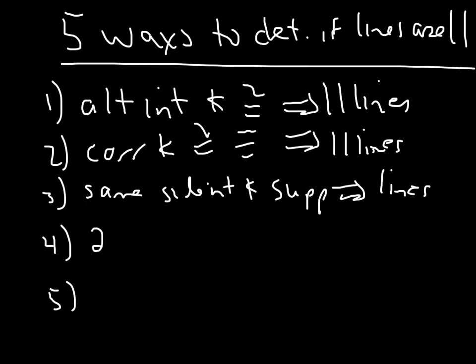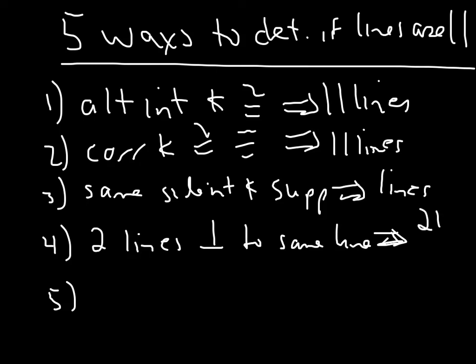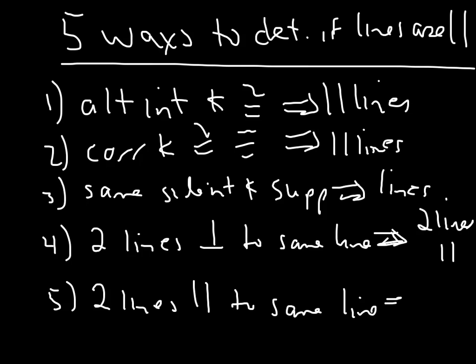If 2 lines are perpendicular to the same line, then what does that mean? That implies those 2 lines are parallel to each other. The other one is actually quite similar to it. If 2 lines are parallel to the same line, then therefore those 2 lines must be parallel to each other.